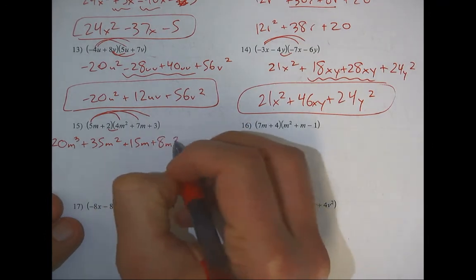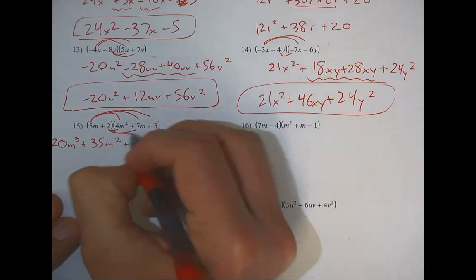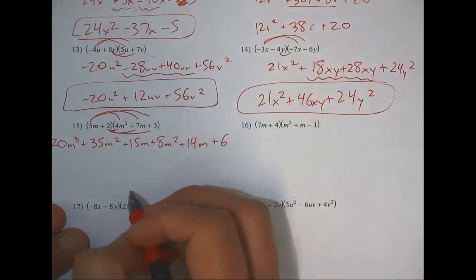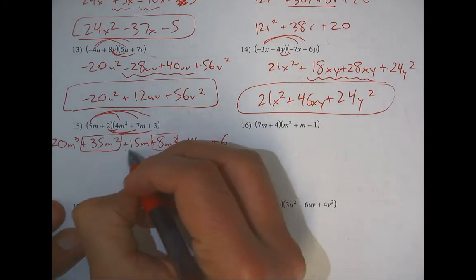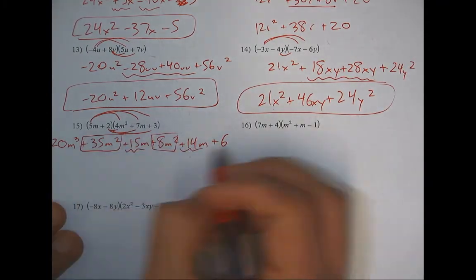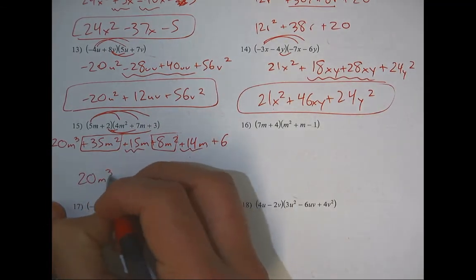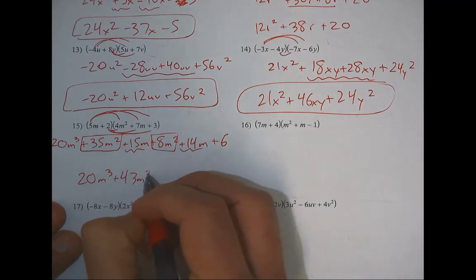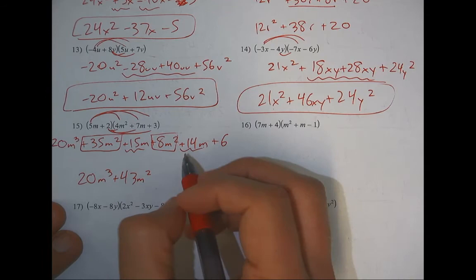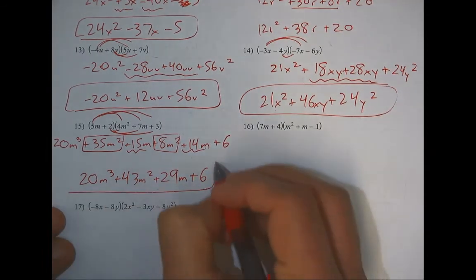So 8m squared, 14m, and 6. M squared can go with m squared, and an m can go with an m. M to the 3rd doesn't combine, plus 6 doesn't combine. So I'm going to bring that down. Put my m squareds together for 43m squared. 15 and 14m is 29m, plus 6 comes down.